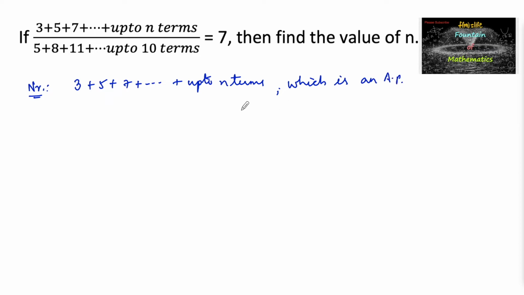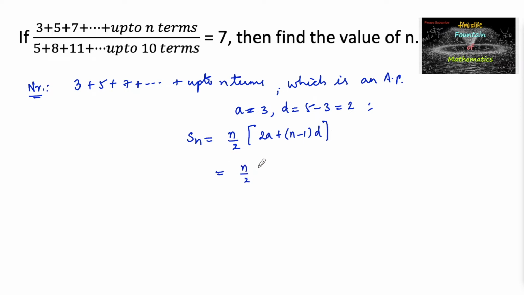arithmetic progression whose first term a is equal to 3 and common difference d is equal to 5 minus 3, that is 2, and hence the sum to n terms we can write Sn is equal to n upon 2 times 2a plus n minus 1 into d, that is n upon 2 times 2 times 3 plus n minus 1 into 2.